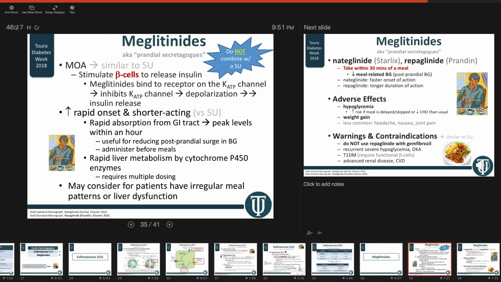This point here is important: for patients who have irregular meals or some liver dysfunction, meglitinides might be a good choice.